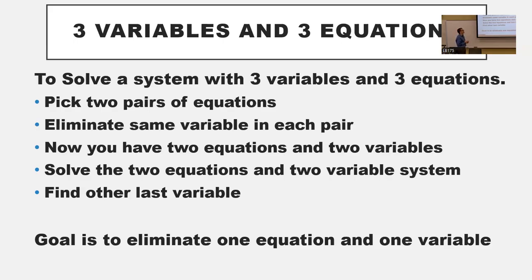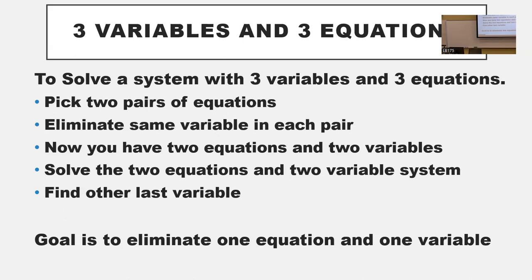Well, if we have 3 variables and 3 equations, what we're going to do essentially is pare that down to 2 variables and 2 equations. So what we do is we pick 2 pairs of equations and we eliminate the same variable in each pair.